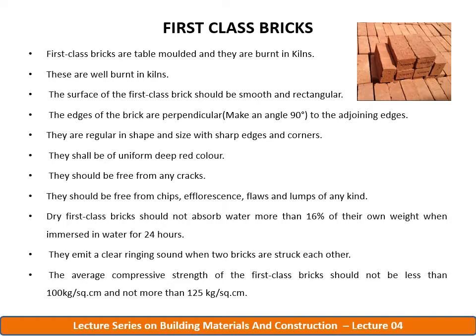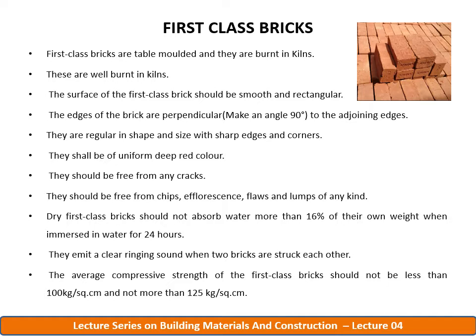In the case of first class brick, they are table molded and well burnt in the kiln. The surface of the first class brick will be smooth and rectangular in nature. The edges of the brick are perpendicular to the adjoining edges.